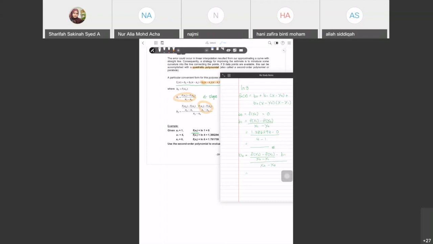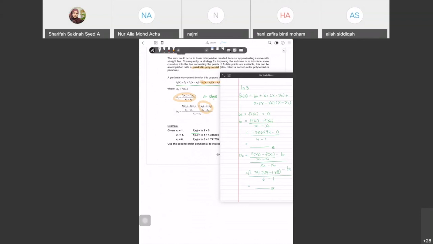So f(x2) is 1.79 minus f(x1) 1.38, everything divided by x2 6 minus 4, then minus b1, divided by 6 minus 1. Now you already have your b0, b1, b2.